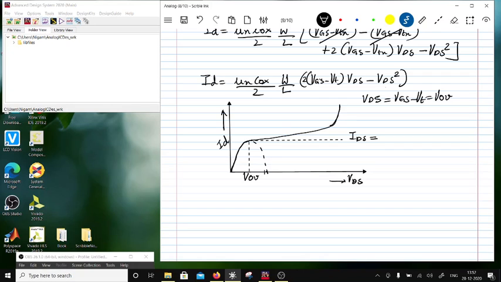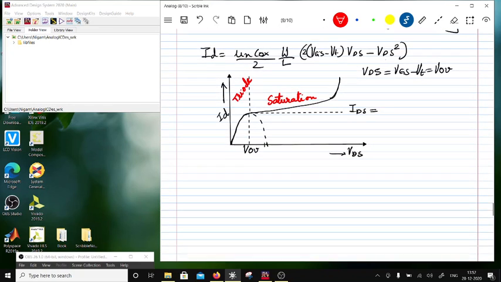So this region is called the triode region, and this region after the pinch off is called the saturation region.